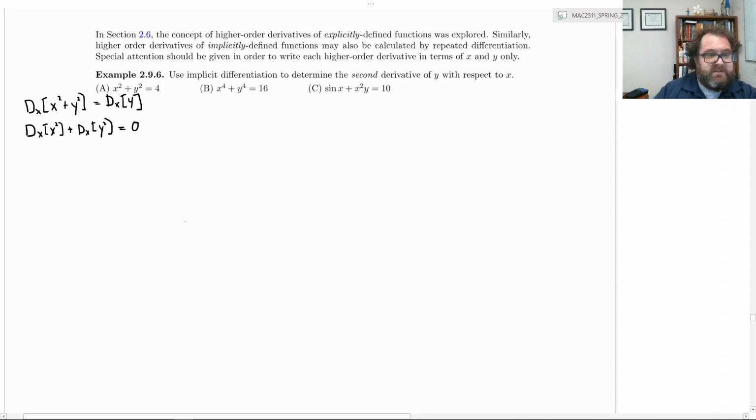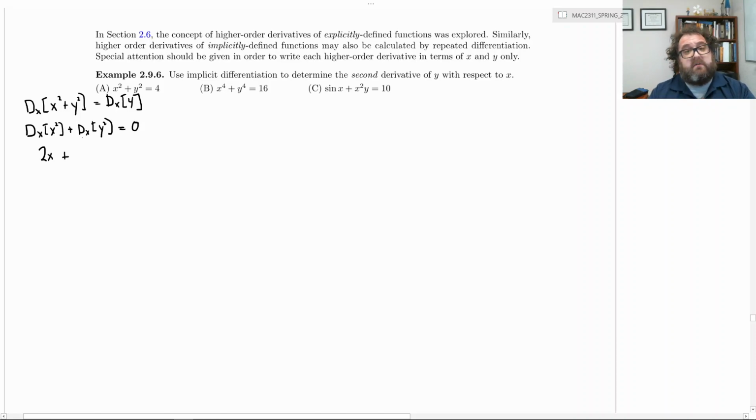Okay? So now we take these individual derivatives on the left-hand side. Well, there's no variable mismatch on the first term. It's the derivative of x squared with respect to x, so just 2x. Now the second derivative, though, remember, there is a variable mismatch here.